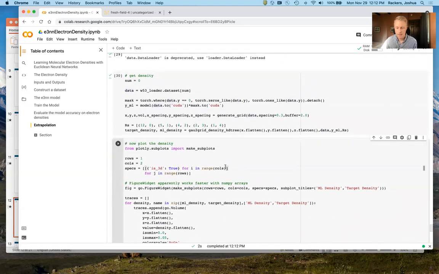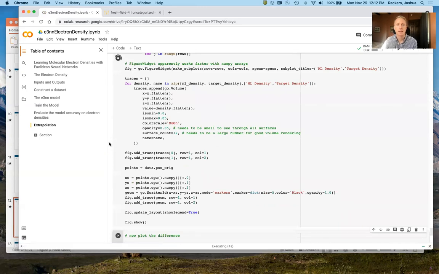So now we have the density, and let's plot it. This might take a second because it's a much bigger structure. But we're essentially doing the same thing as above. We're going to plot the density on a grid, and we're going to look at the machine learned density versus the target density.